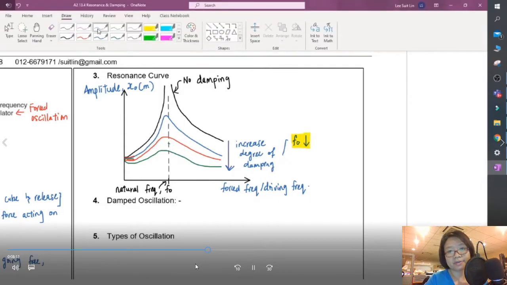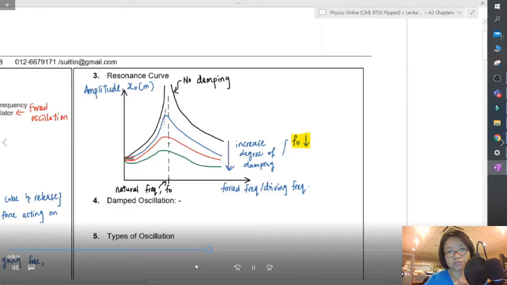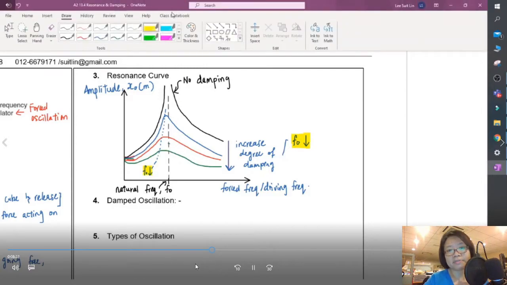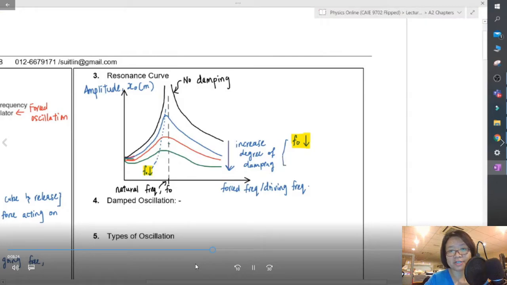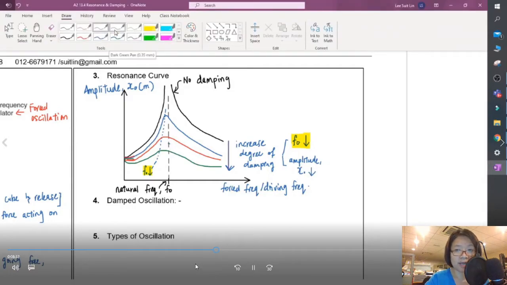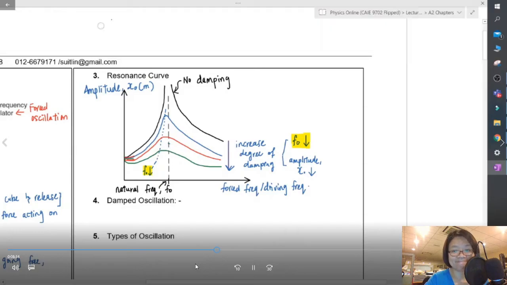You can see that there is a shift towards the left, a slight shift, and at the same time the graph is less sharp. The amplitude will of course decrease as well. Please never draw it symmetrical. This graph is not symmetrical.